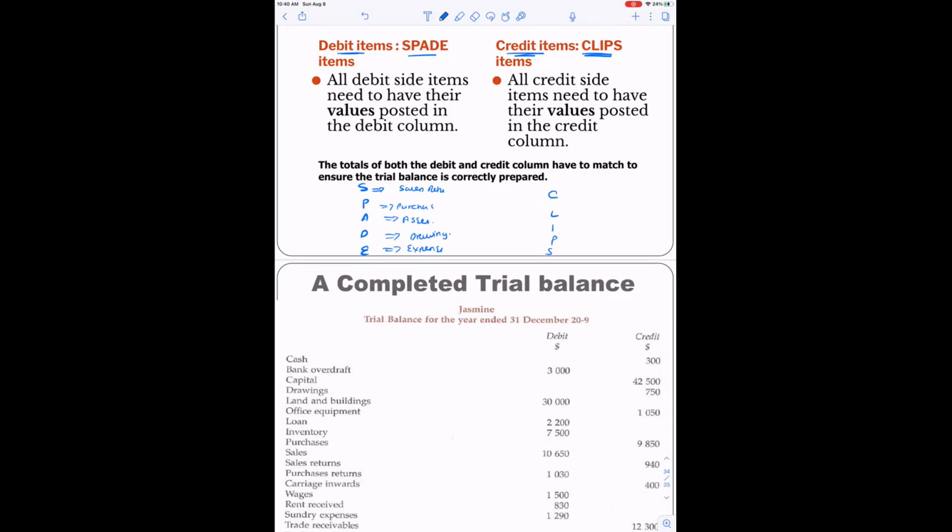Credits which would go in the trial balance would be capital, liabilities, incomes, purchase return, and sales.